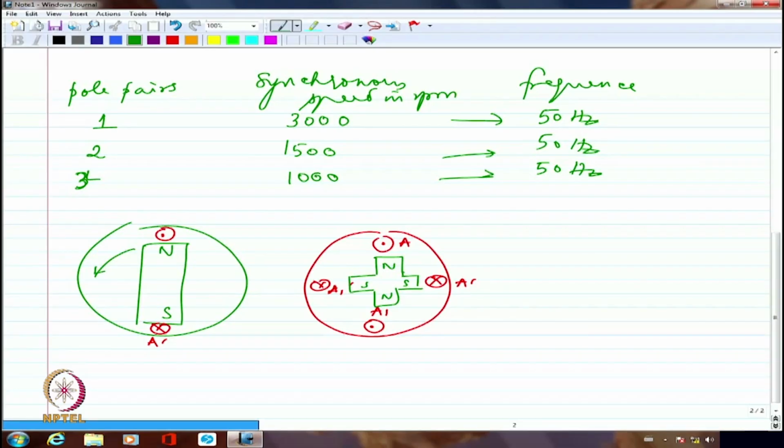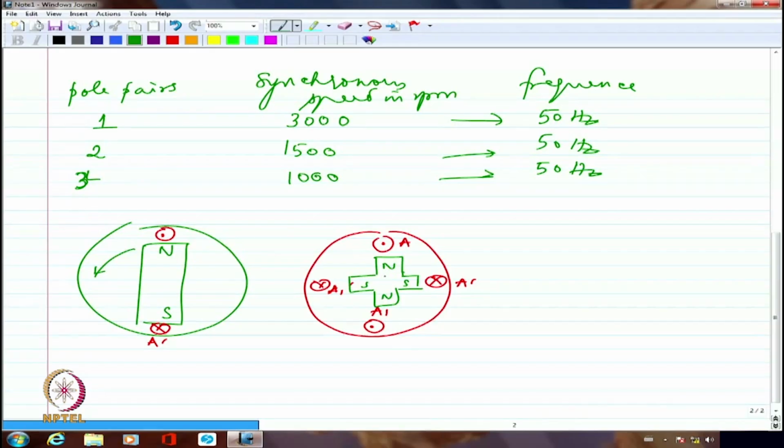Depending upon how many poles you have wound the induction motor stator for, our synchronous speed is going to change, and according to the frequency as well, but the frequency invariably happens to be 50 hertz. So the number of pole pairs is going to decide the synchronous speed.